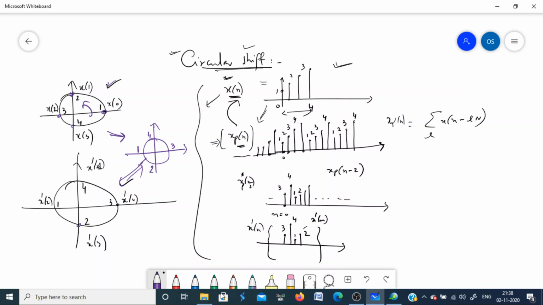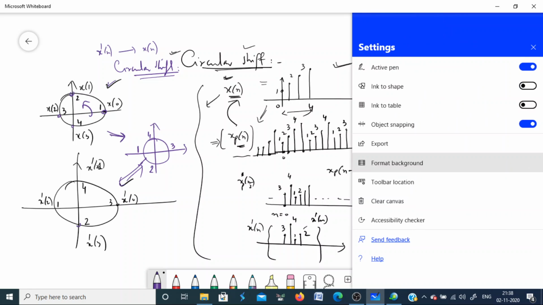Okay, it means this sequence x dash n is related to x of n using a circular shift. In fact, we relate it using a modulo operator, and we write x dash n is equal to x of n minus k modulo n.